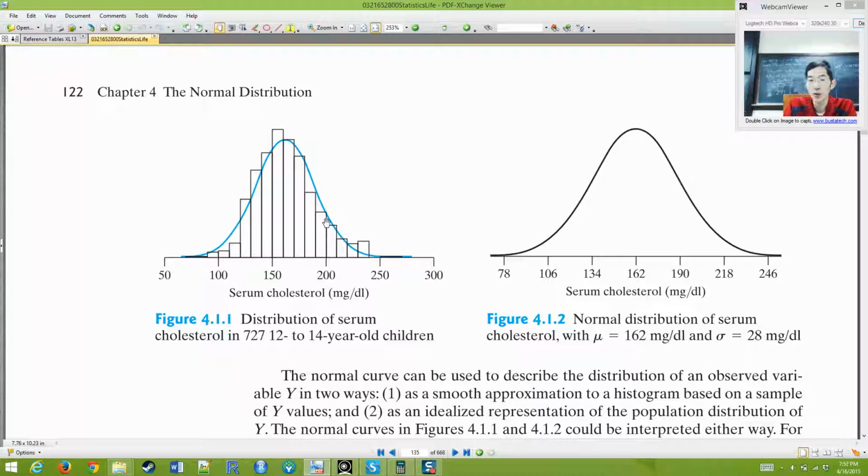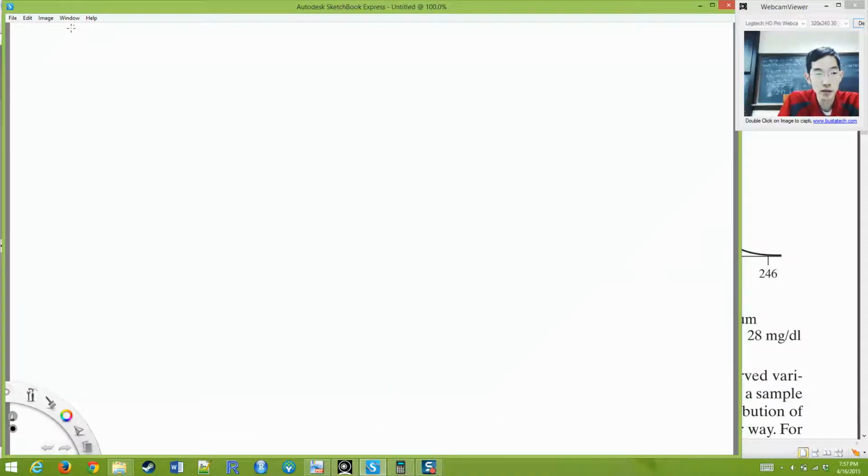Okay, so we're looking at an actual data distribution, and we're trying to approximate it with a normal distribution, like so. Okay, and so all normal distributions are defined by two parameters, a mean and a standard deviation. Okay, so let me put that in our next slide.